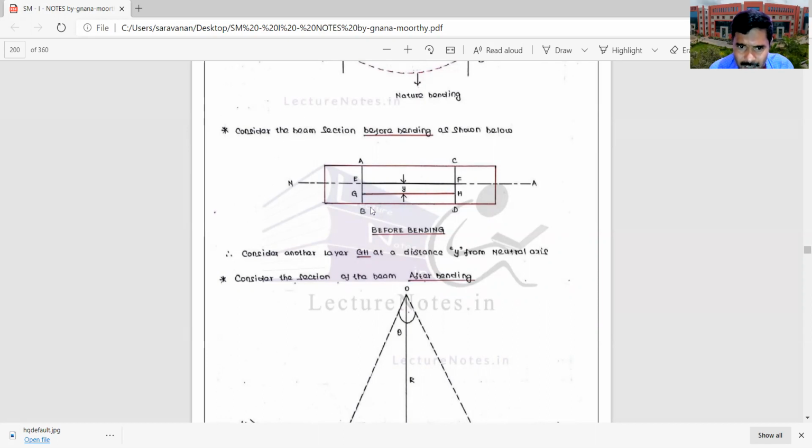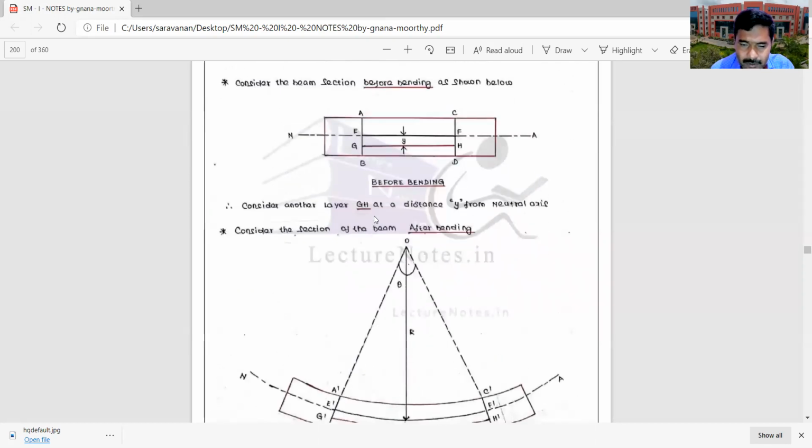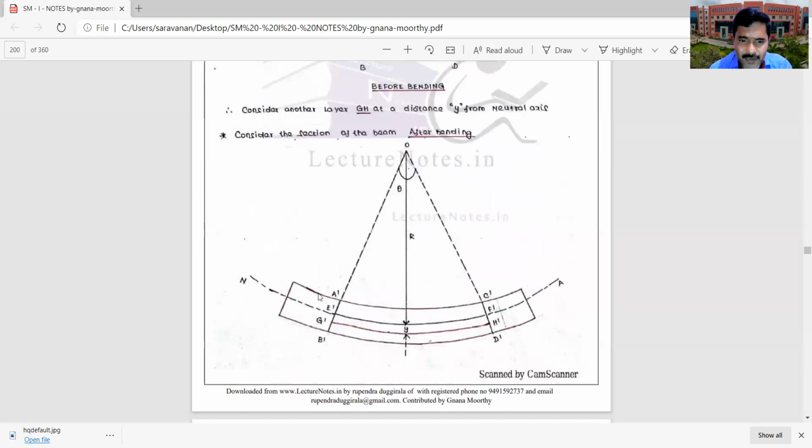Now consider the beam after the bending. If a moment or load is applied, the beam will be bent like this. Now the neutral axis layer EF becomes E dash F dash and GH becomes G dash H dash.